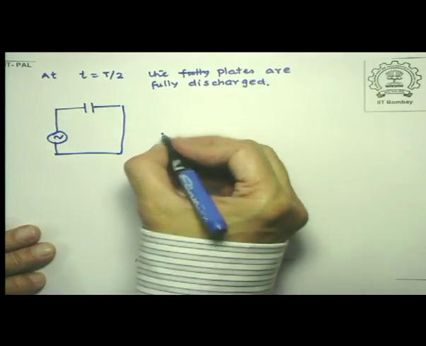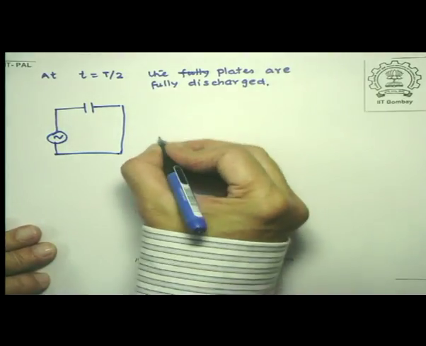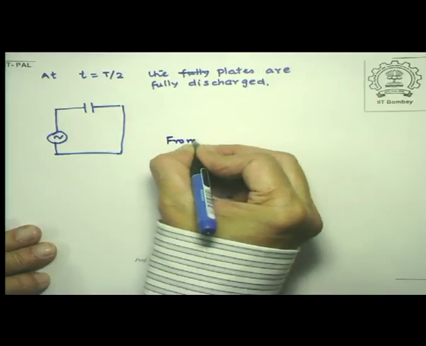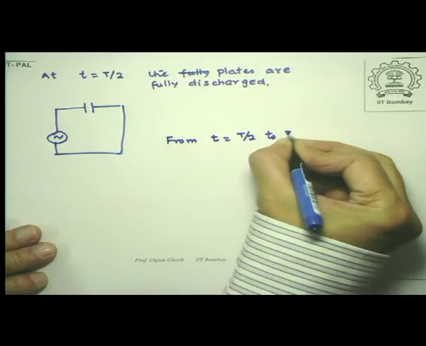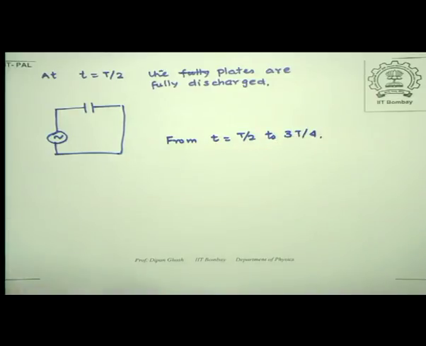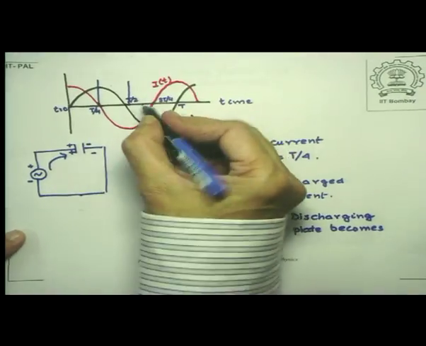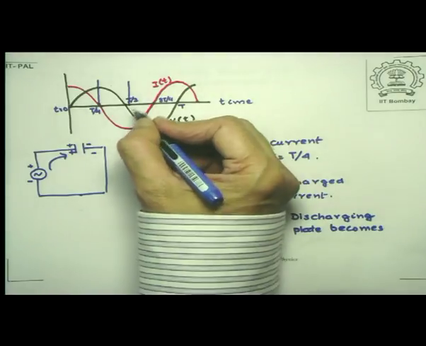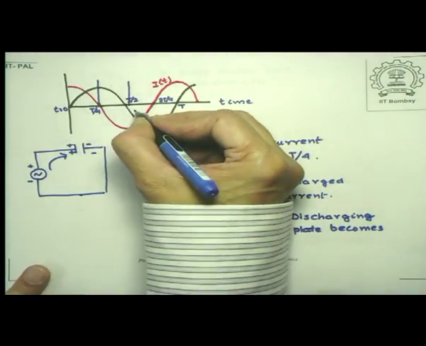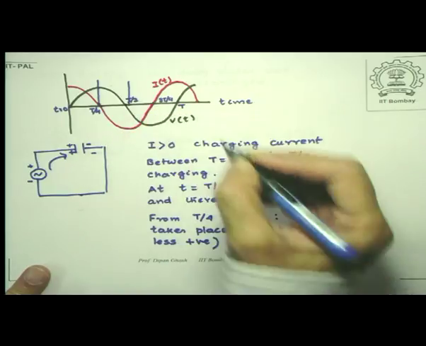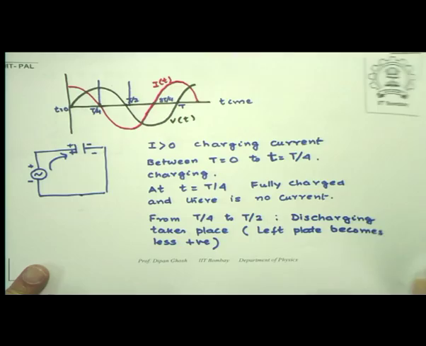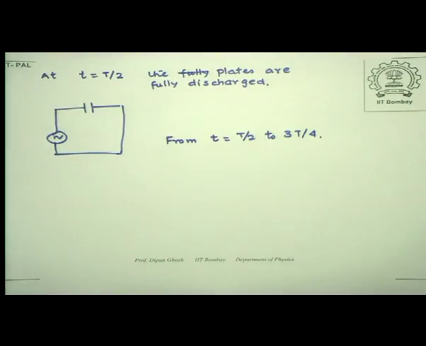Now let us go from T by 2 to 3T by 4. Now notice what is happening in this part of the cycle. The current is negative and is increasing in magnitude. So what is happening now is this, that the direction of the current would be opposite.